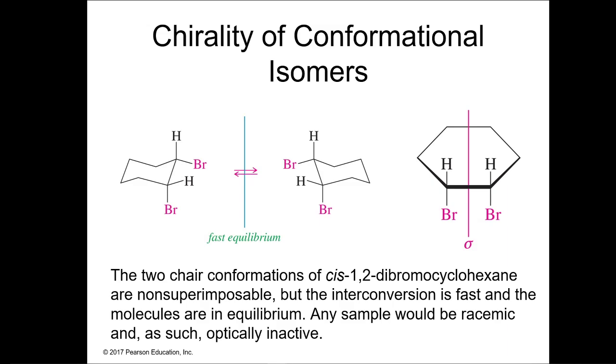They're non-superimposable, but you flip from one to the other so fast that essentially any sample you would pick would be racemic. So you don't consider this. This is like an exception, even though this is technically chiral on a molecular level. On a practical level, it's essentially non-chiral, because you're flipping back and forth so fast that when you would have a chance to look at the chirality, it'll have flipped to the other conformer.